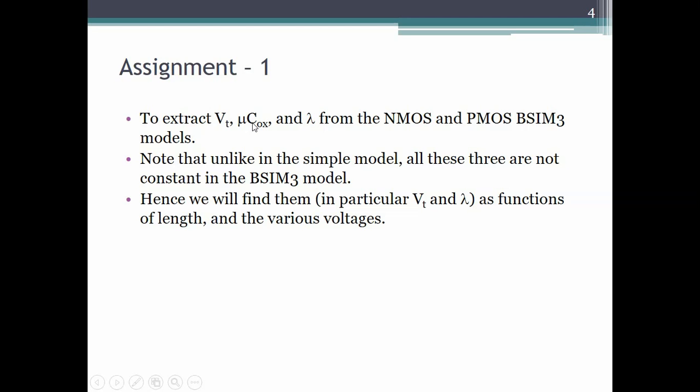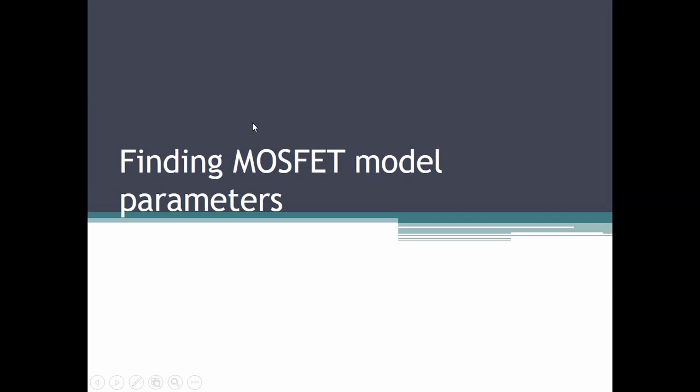Mu Cox we will assume constant, although it actually is not constant as we have seen before, but we will assume it constant for our purposes. Alright, so let us see how we are going to find the Vt, mu Cox, and lambda for the BSIM3 model that we are going to use.